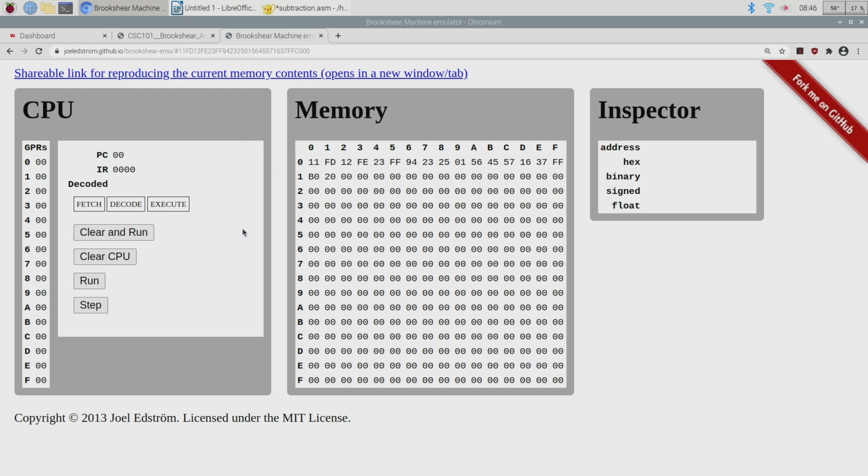Okay, now watch what happens. Okay, so most of this is the same as before. What happened to the program counter when it encountered the instruction B020?